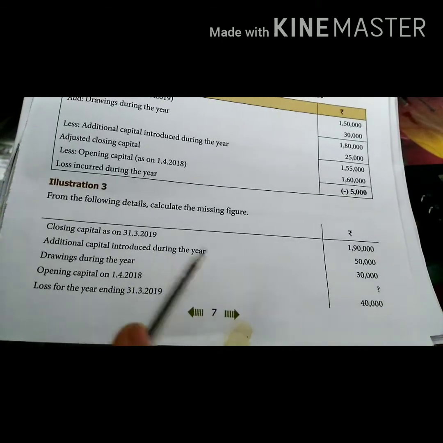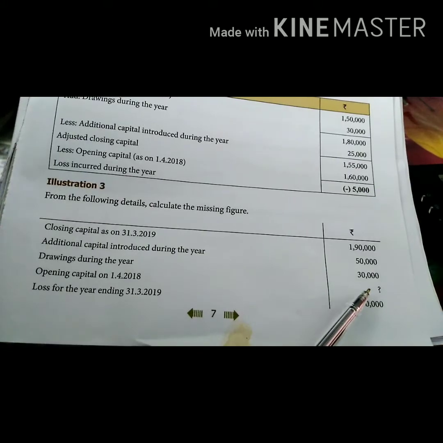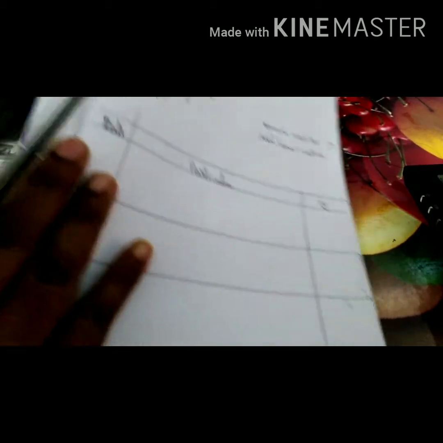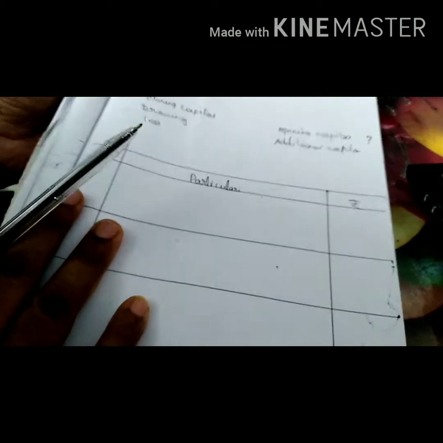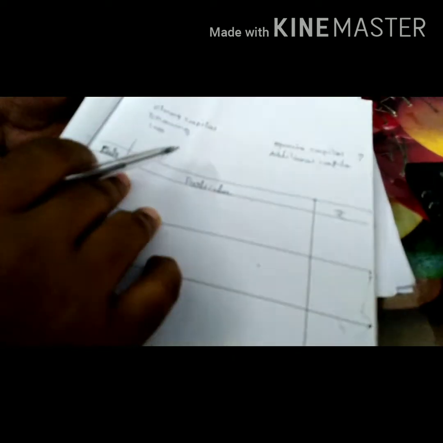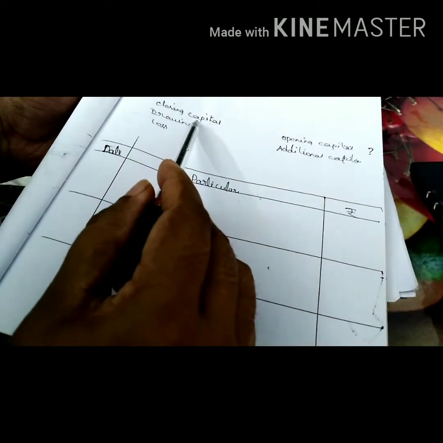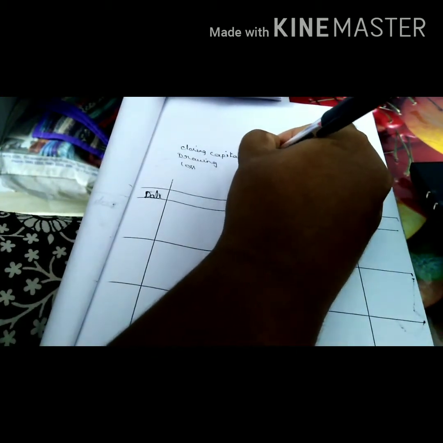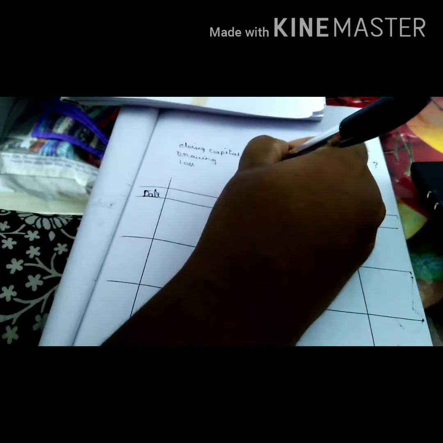While finding the missing information, we use the simple method. Closing capital, drawing, loss. Here closing capital is 1,90,000. Drawing 30,000 is also given, so put the drawing here.